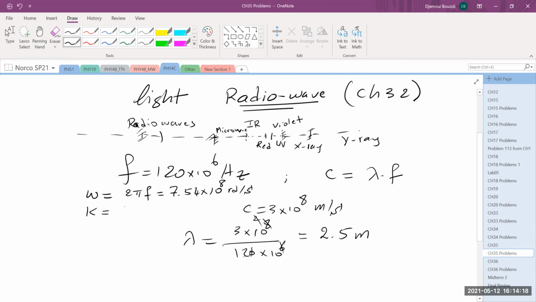Remember, we'll probably need k, which is 2 pi over lambda. We already have a lambda, so this is 2 pi over 2.5 meters. So it's going to be 2 pi divided by 2.5. I'm just trying to test something so that you have an understanding of exactly what came out of chapter 32.